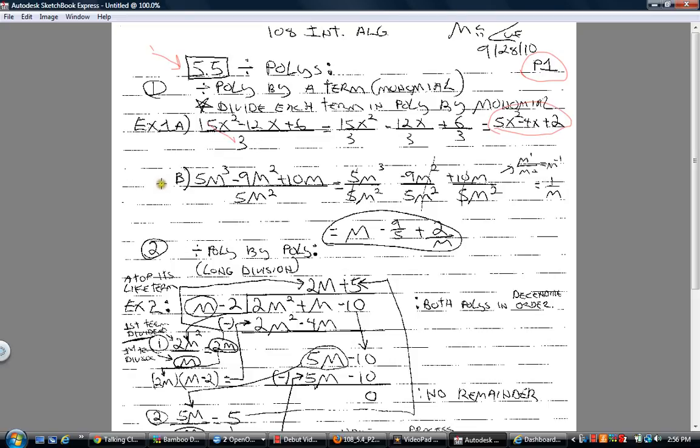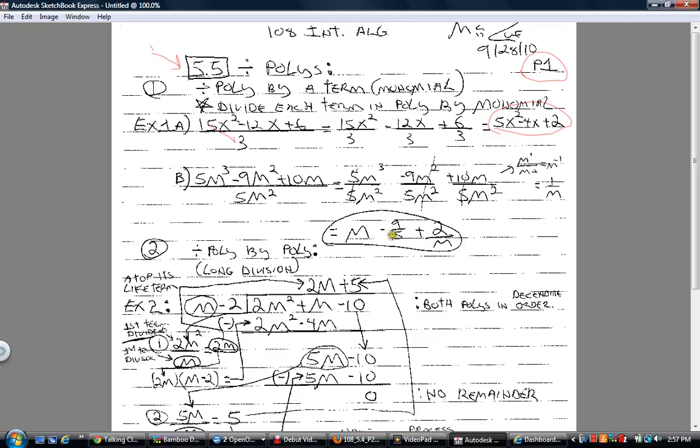Here's another example, a little more realistic, where you've got a trinomial divided by still a monomial, or a single term. This time it's 5x squared. Okay, I took the time to separate them out on the numerator. Each term in the numerator gets divided by the denominator, and next you have 5 divided by 5, negative 9 divided by 5.